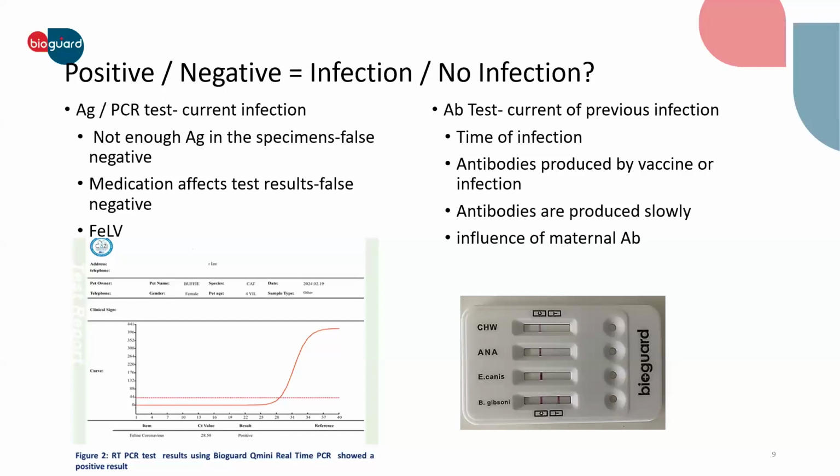And antibodies are produced slowly compared to antigen or PCR tests. Some may also be influenced by maternal antibody, like the FIV antibody. If the queen has FIV infection, the kittens will also show FIV antibody positive after they get the colostrum from the queen. So that's something we need to pay attention to.